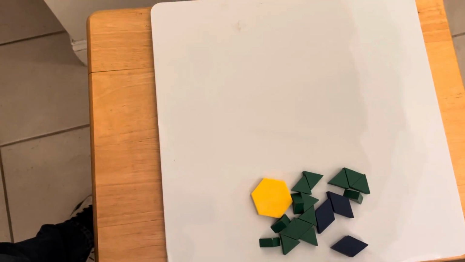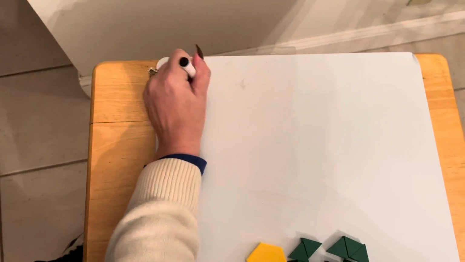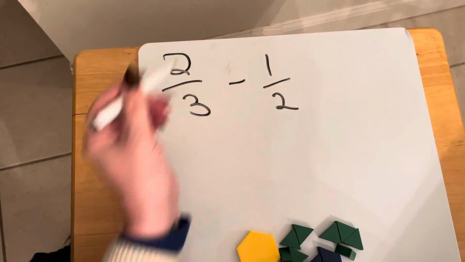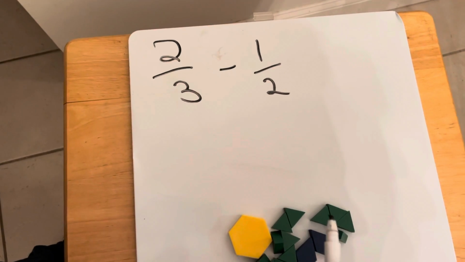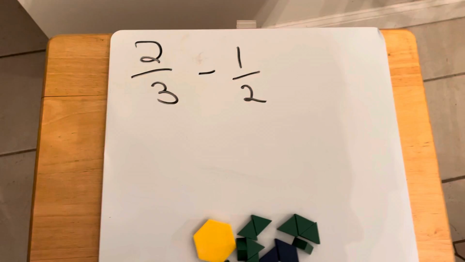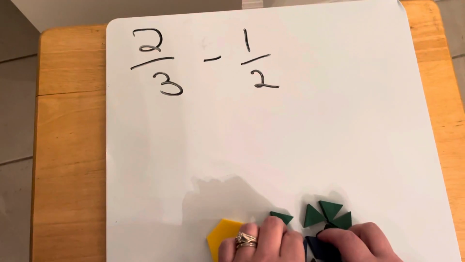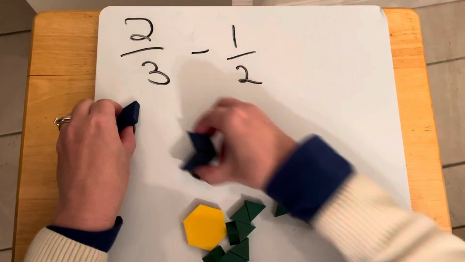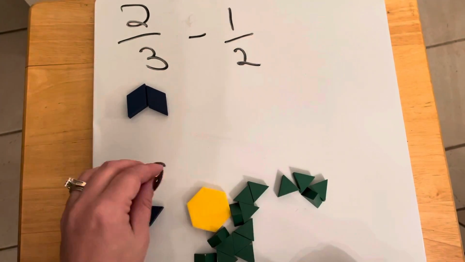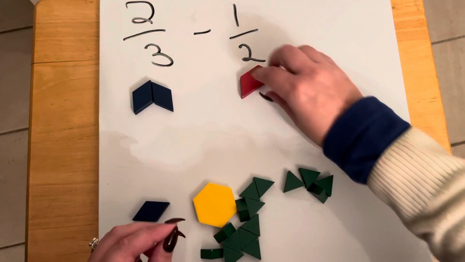For problem 2, the problem is 2/3 minus 1/2. Again, these are the thirds, so you're going to use 2 out of the 3, and then 1/2.